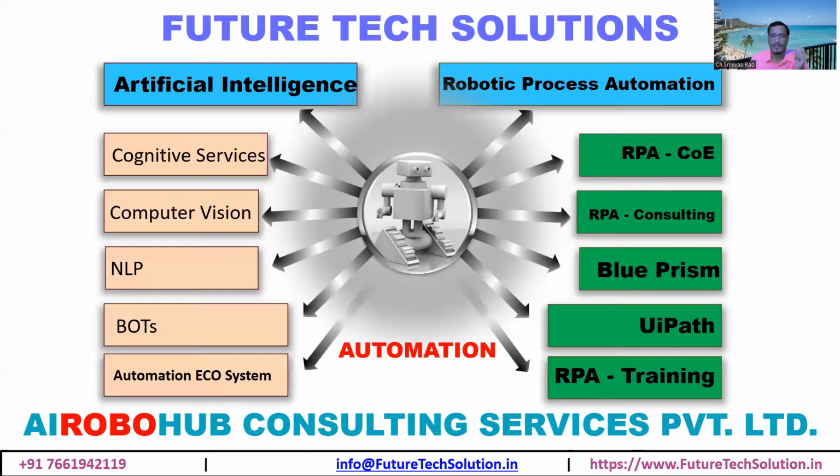Apart from end-to-end RPA solutions, we have been providing RPA consulting services using Blue Prism, UiPath and Automation Anywhere. We also provide RPA training, online training, offline training, and corporate training as well. These are a few of the services we have been providing as part of our phase 1. Once we establish this, then we have phase 2 and phase 3 as well.